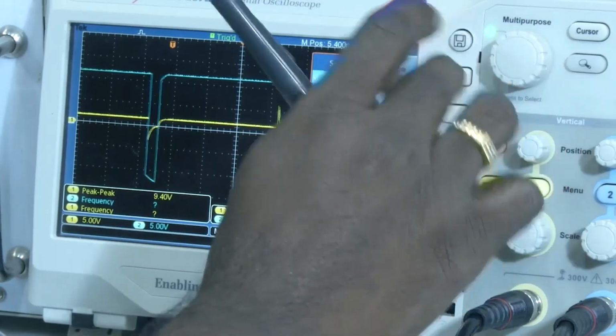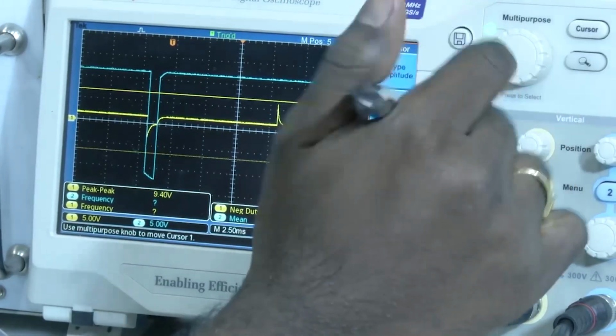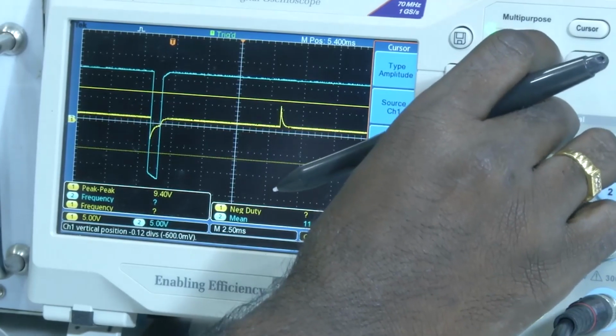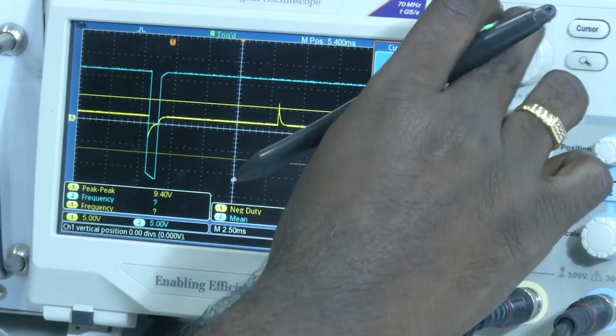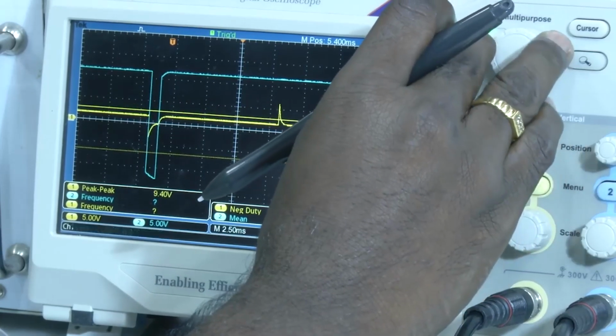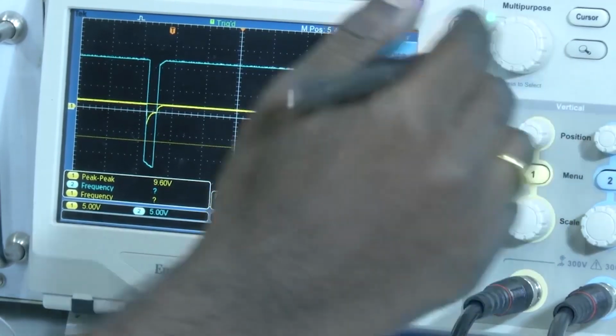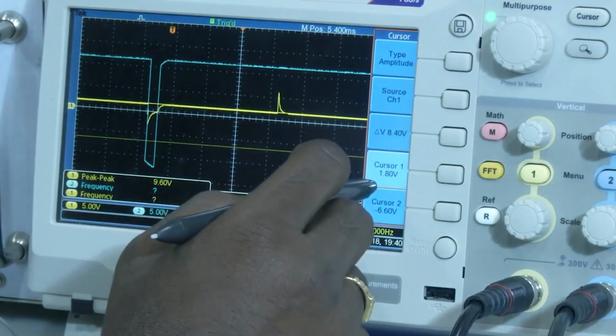channel 1 type amplitude. So, I will make it 0, I will take the cursor. The value is somewhere around 1.8.